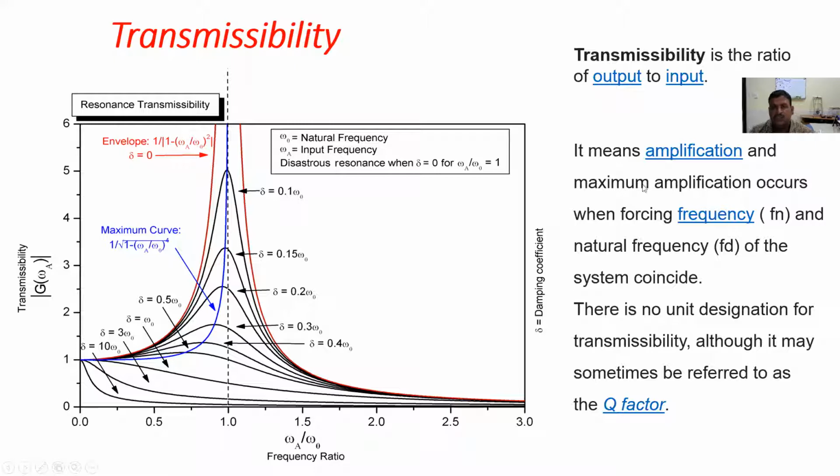It is an amplification of amplitude, when forcing frequency, meaning operating frequency, and the natural frequency of the system coincide. There is no unit designation for the transmissibility, although it may sometimes be referred to as Q factor.